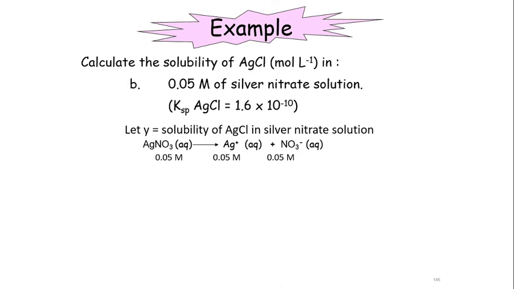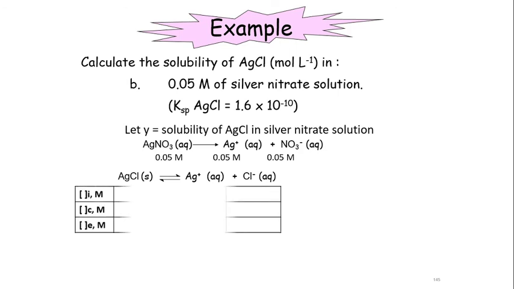Okay, then we write the dissociation equation for AgCl, draw the ice table below, and put the initial concentration for Ag+ as 0.05 that we get from AgNO3. For Cl-, it remains 0. Just Ag+ is different because we have the concentration of Ag+ from silver nitrate.